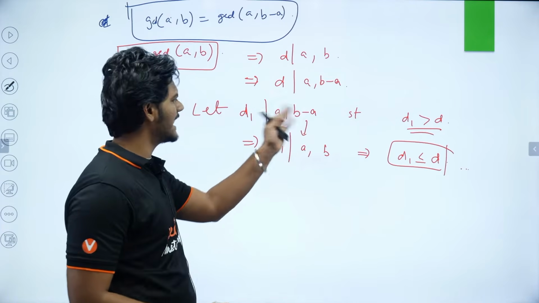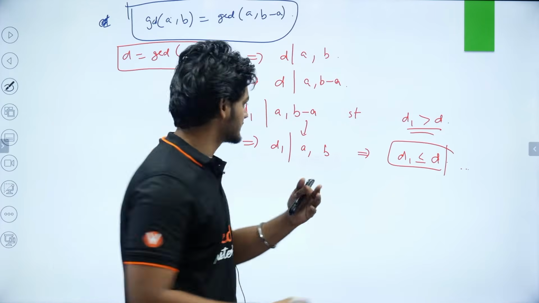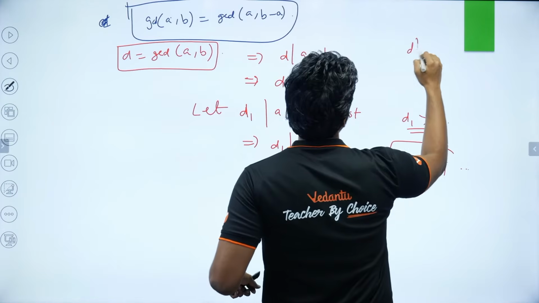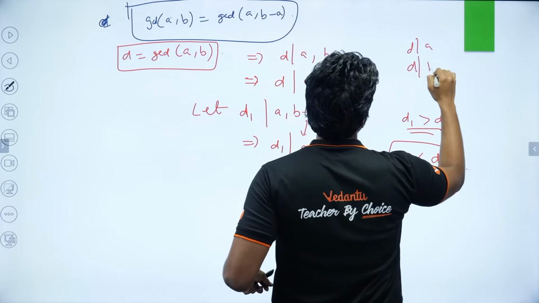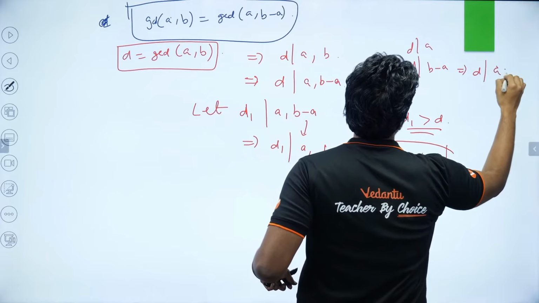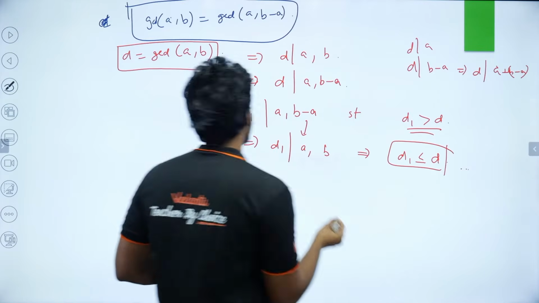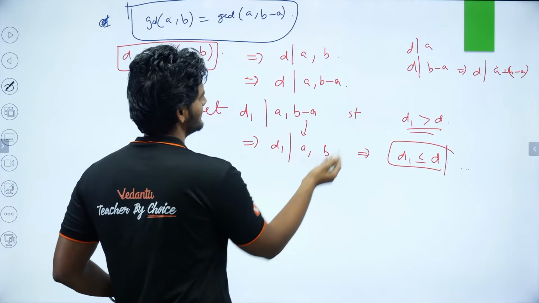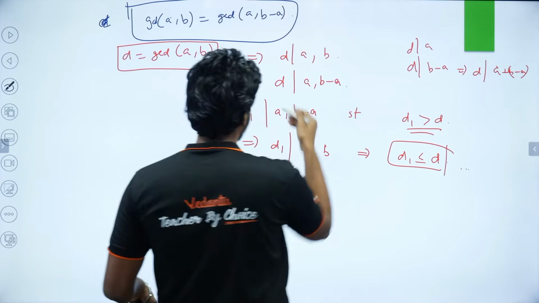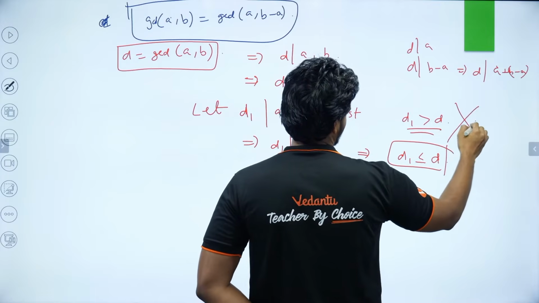Because we are simply adding two terms. The thing about divisors, right? If D divides A, D divides B minus A, that implies D divides A plus B minus A, right? So, plus or minus, that is what we get. So, this is not possible.